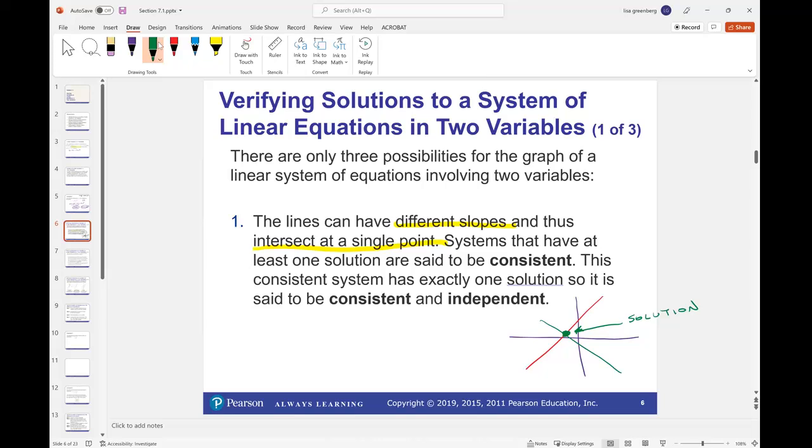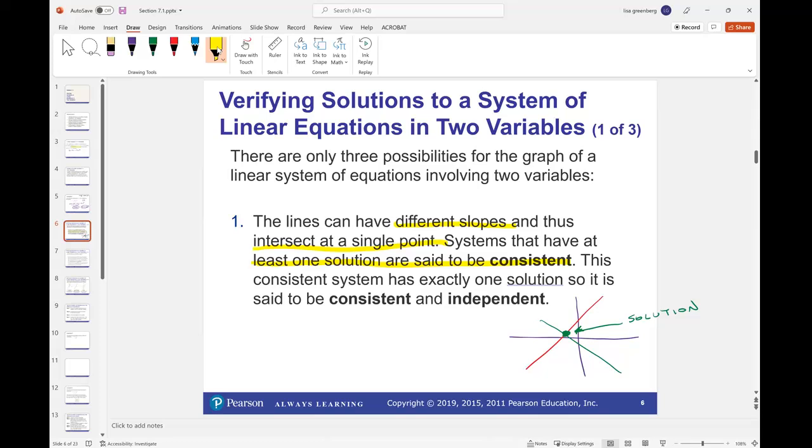Anything that has at least one solution is consistent. So this is very important. We will have things that have no solutions. Those are inconsistent. Let me reread this because that's not what I said wasn't true. This consistent system, this one that I drew here, has exactly one solution right there where they meet.